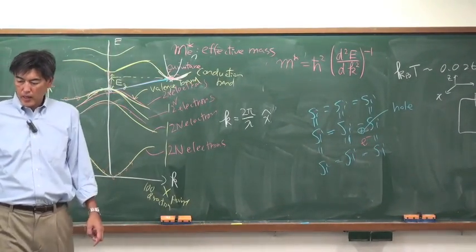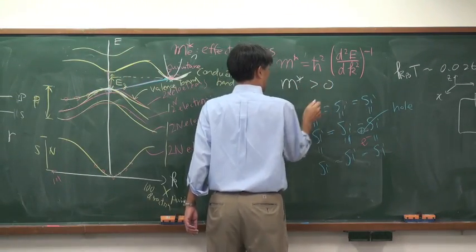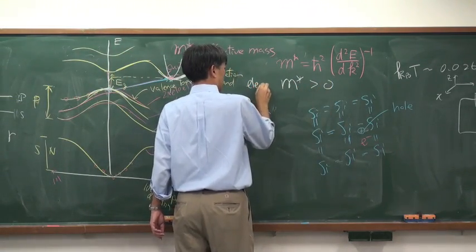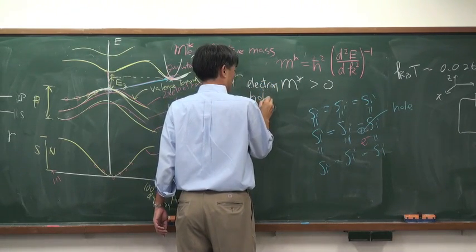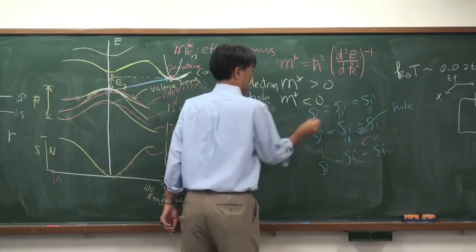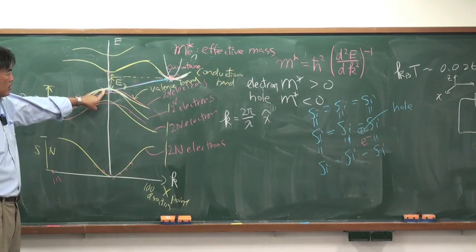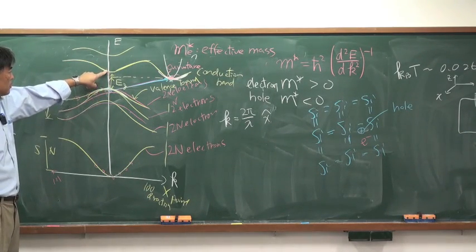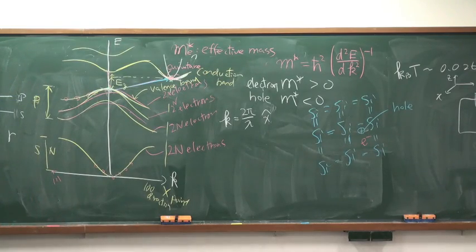So effective mass of electron is larger than 0. Holes, effective mass is opposite. So this is hole. Effective mass is smaller than 0. This is electron because the effective mass is larger than 0.